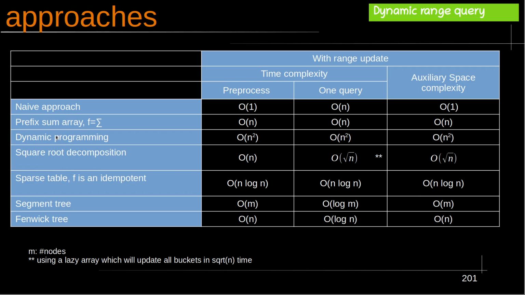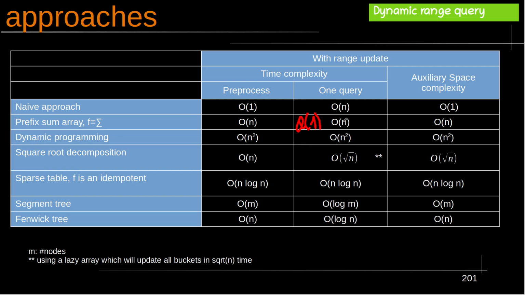What about the prefix sum array? Also, I need a linear time in pre-processing, and I need a linear time to answer one query. We have seen this in the static range query, where it's constant time because we have no updates.